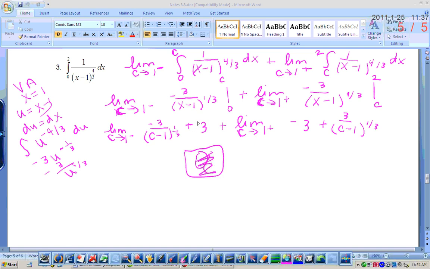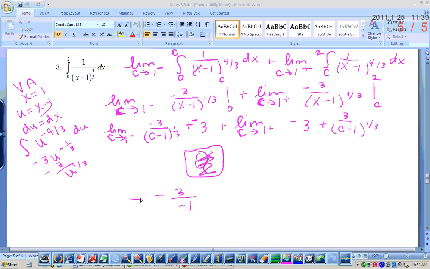Let's go back to this plus 3 right there. Is that what you're talking about? Okay, so it should be minus a negative 3 over a negative 1. No, okay, disregard the c. We're talking about plugging in the 0 right here. So we plug in the c minus plug in the 0.